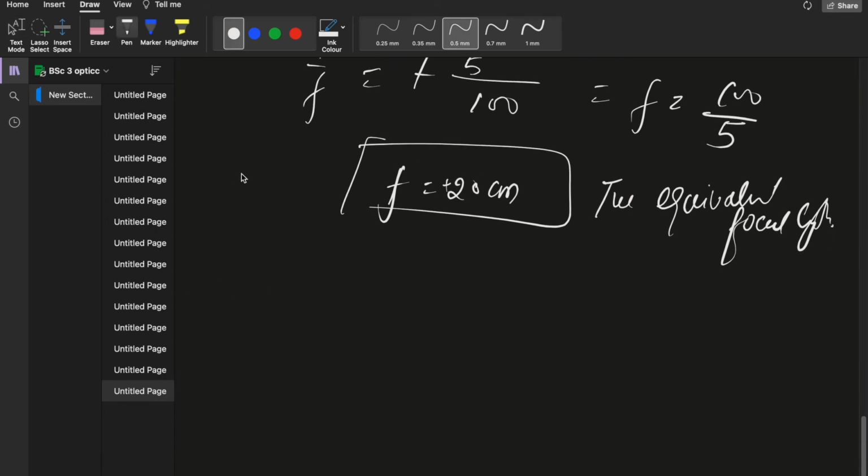This is A. Second, B, the power is equal to 1 upon f.